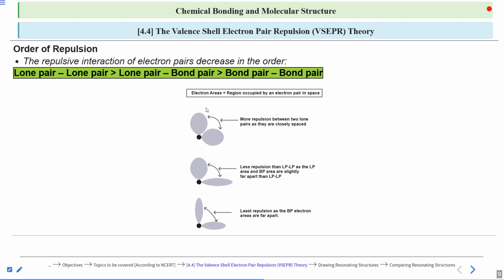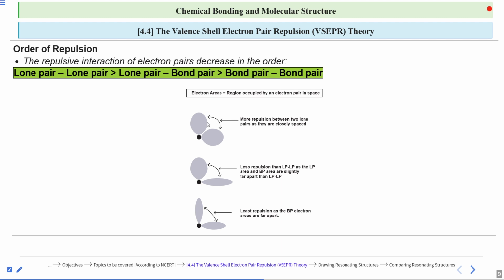So here we have the first case where we have two lone pairs. Now as the lone pair is considered to have the highest charge density, therefore it is being shown with the help of a thicker area. Okay, so you can look at these two lobes, which represent the area of the electrons' effect, and both of these areas are quite broader.